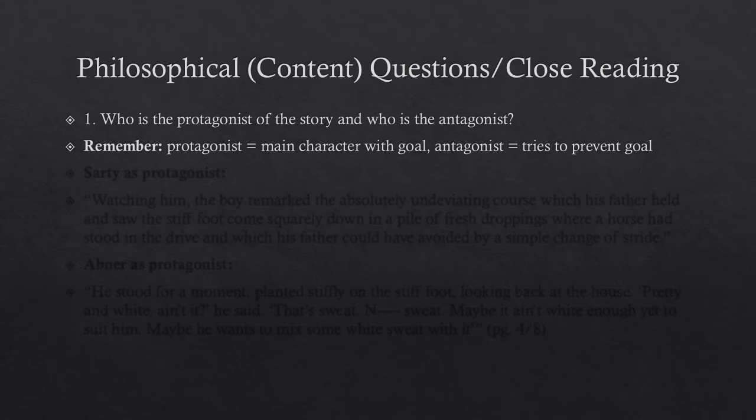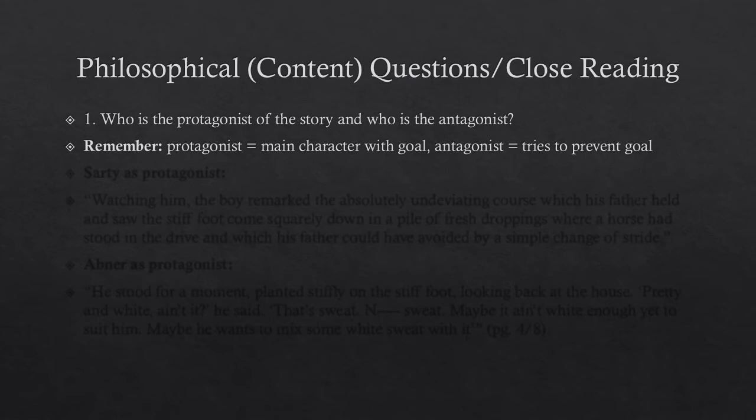So when you think about it this way, Sardi has a goal, right? To stop his father, to stand up for the greater good. Abner's obviously trying to stop him, and there's clearly a confrontation, a battle here when Abner tries to burn Despain's barn, and Sardi warns Despain, and then a resolution where Sardi has achieved the greater good.